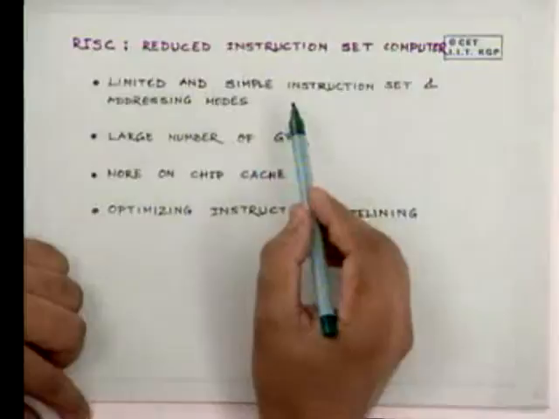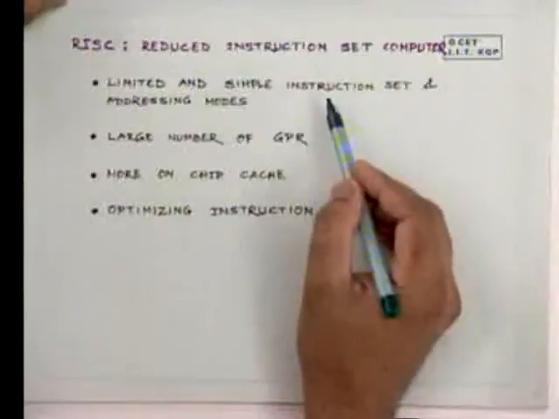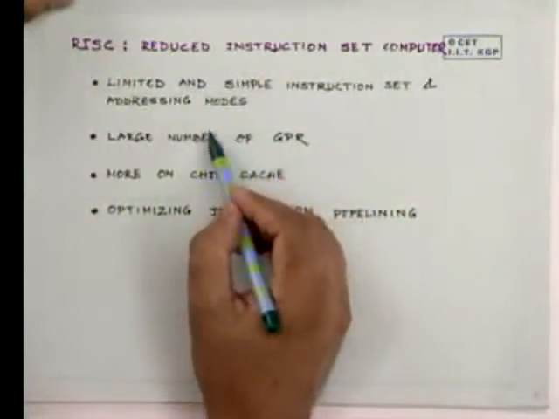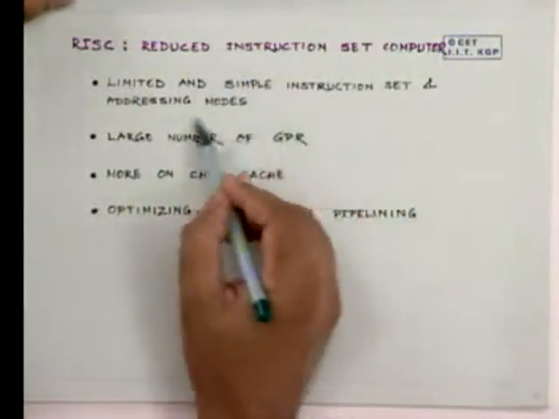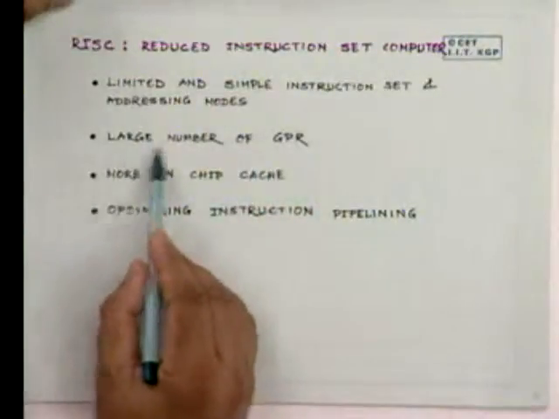A second advantage is that since the circuitry is simple for decoding as well as execution, the time to fetch and execute instructions will reduce, and instruction execution will be faster.